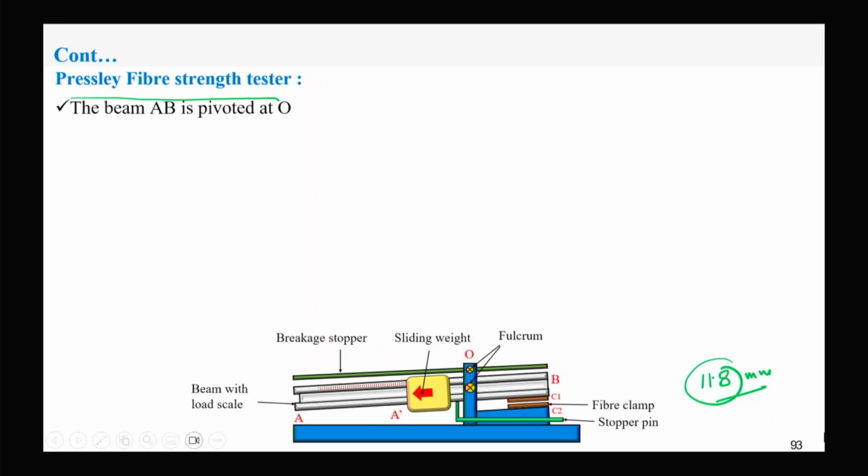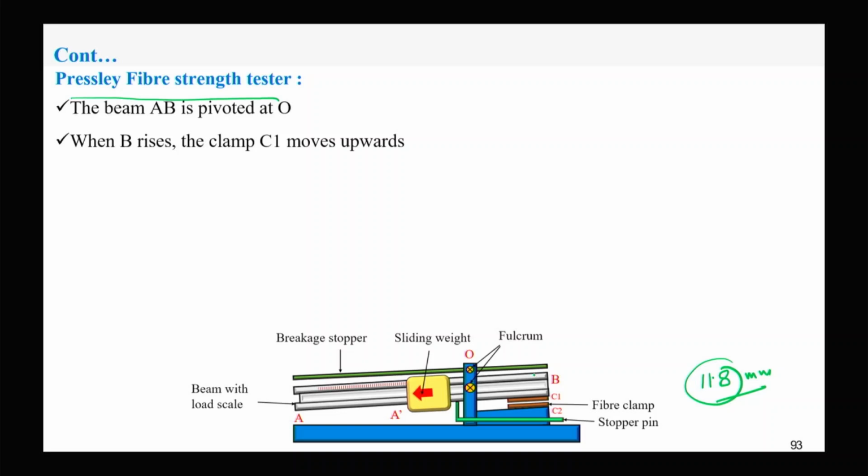Here AB is the beam and O is the pivot point. Here the sliding weight is there.